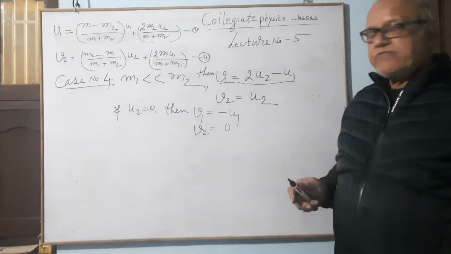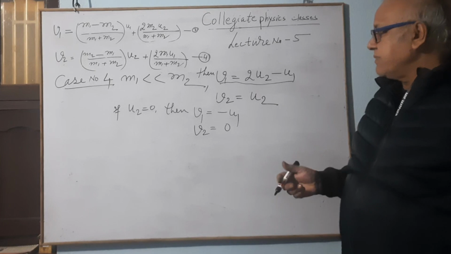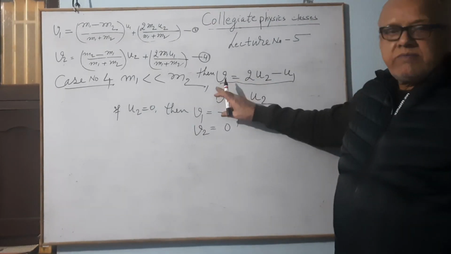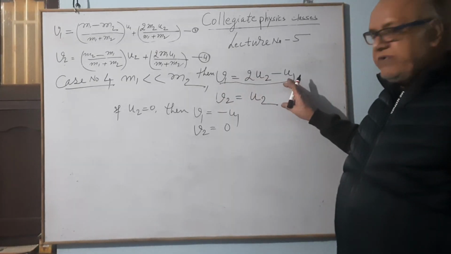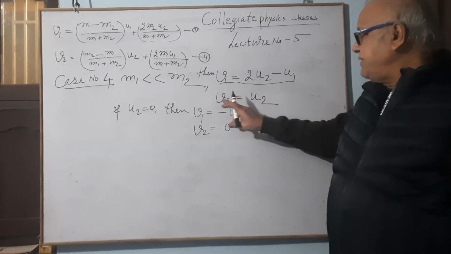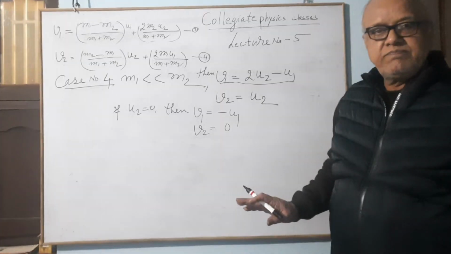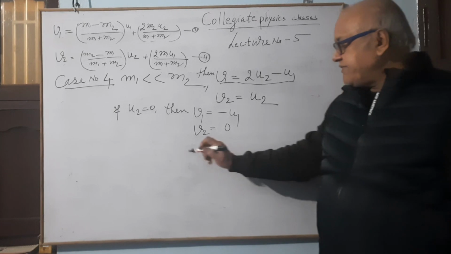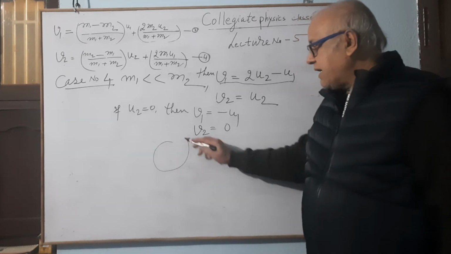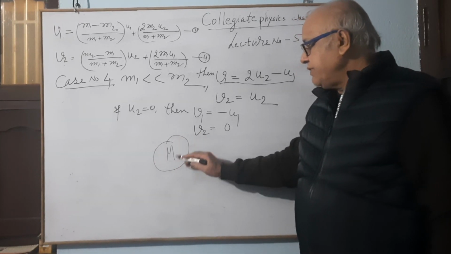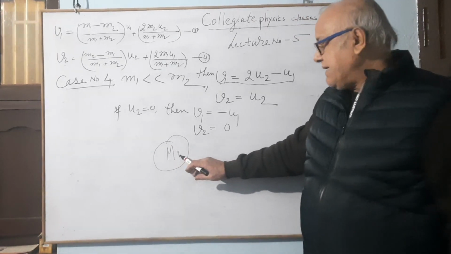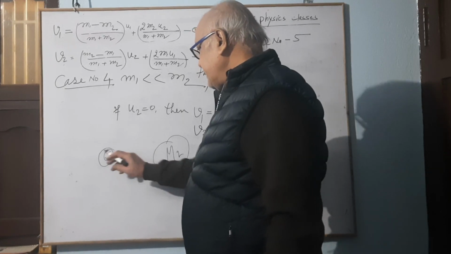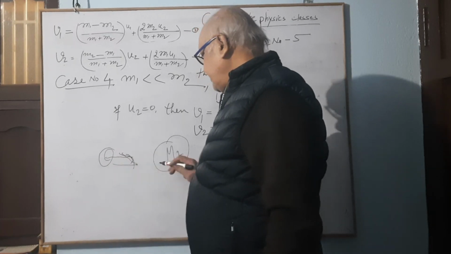Again, a further case will be applied. If u2 is equal to 0, then v1 will be equal to minus u1 and v2 will be equal to 0. This means, suppose there is a heavy vehicle of mass m2, a truck, and a light vehicle, a car, making a head-on collision with this truck.